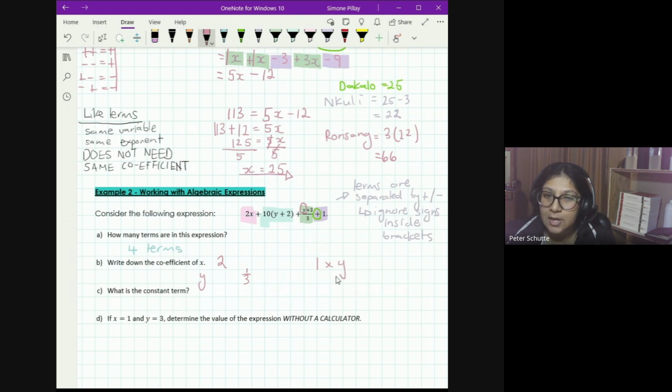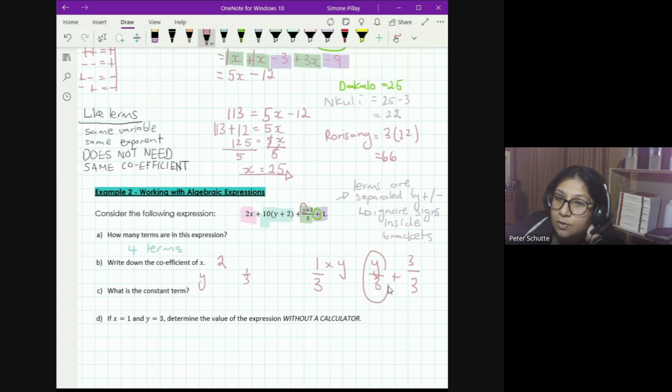No, I'm not. Because remember, this y plus 3 over 3 can be broken up into y over 3 plus 3 over 3. So if I take 1 times y, I'm not going to get y over 3. But if I take 1 over 3 and multiply it by y, then I will get y over 3.